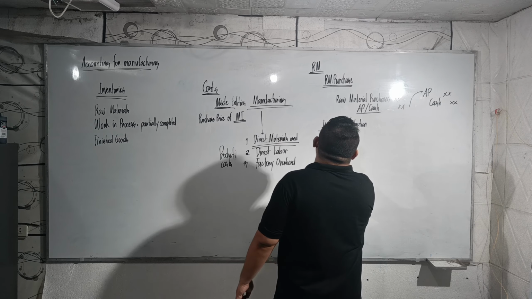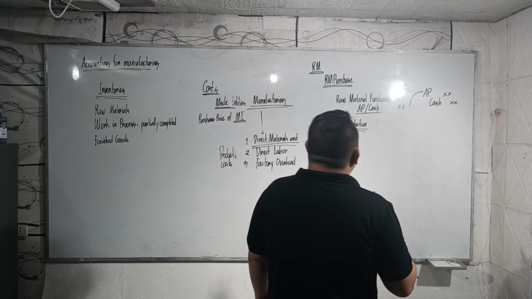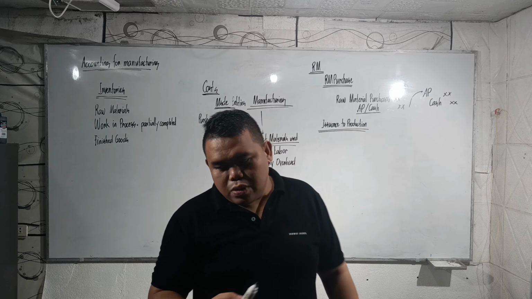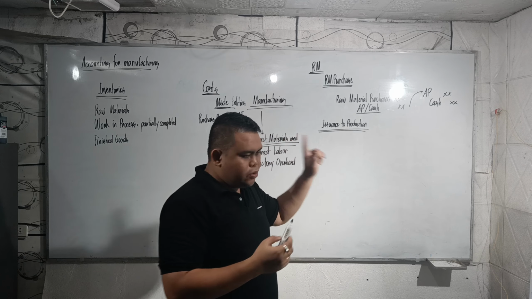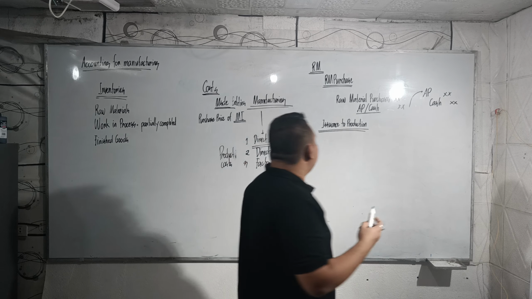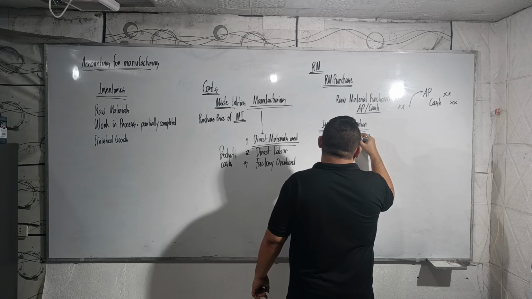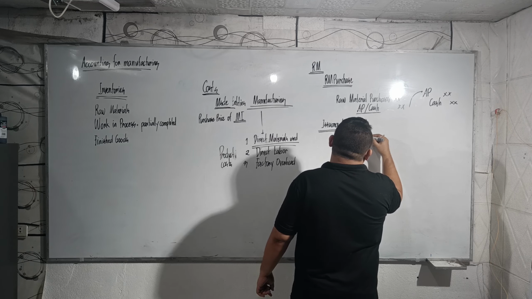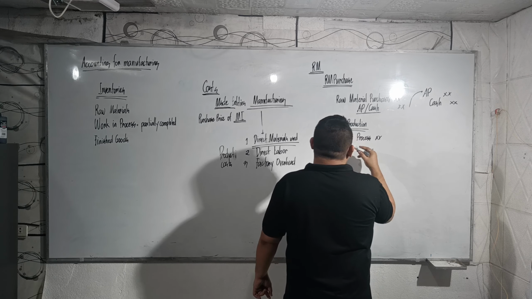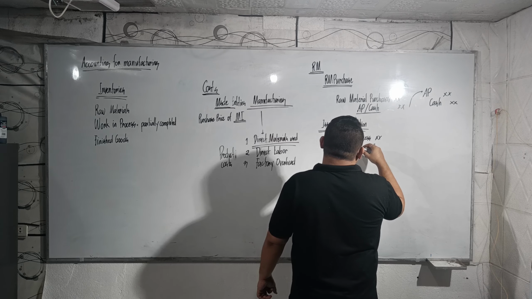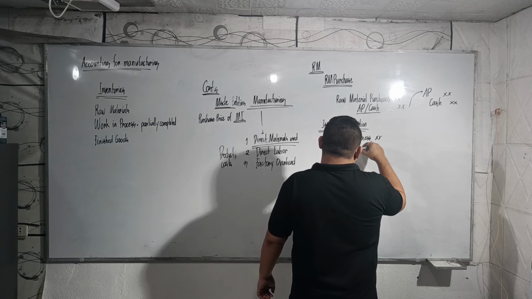Well, on the issuance to production, if what we're talking about are raw materials that are considered direct, this will be the entry: debit work in process, and then credit raw materials.